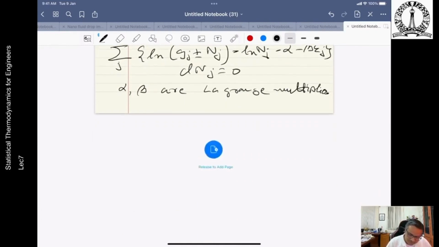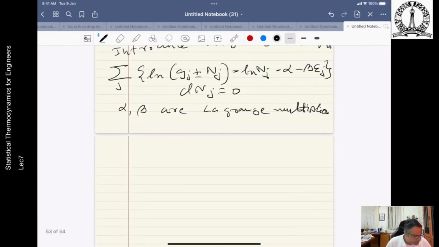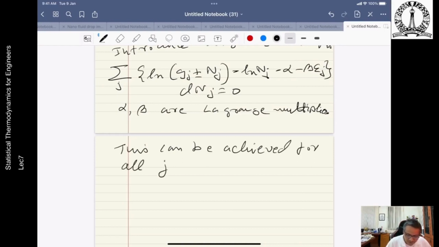Now, this particular thing can only be achieved for all j if and only if (gj plus minus nj) divided by nj is equal to exponential of alpha plus beta ej.